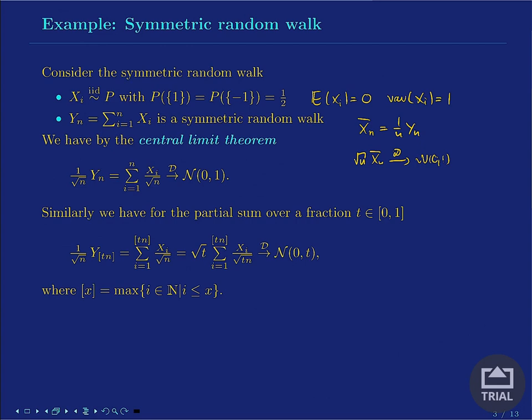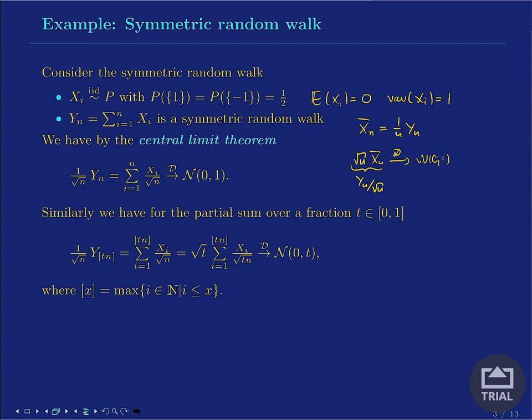So this means here that we have Yn over square root n being asymptotically standard normally distributed. Now, instead of summing over all random variables here with the same scaling, we can also look at partial sums over fractions t, where t is between 0 and 1.